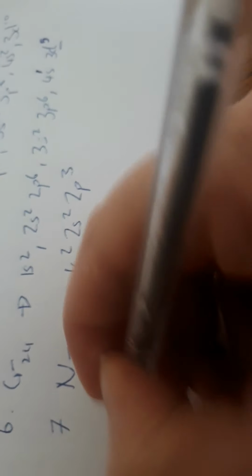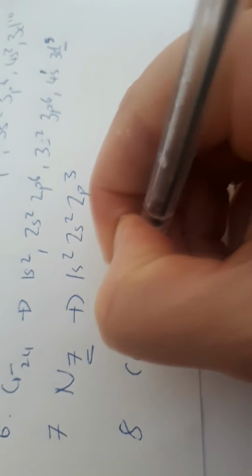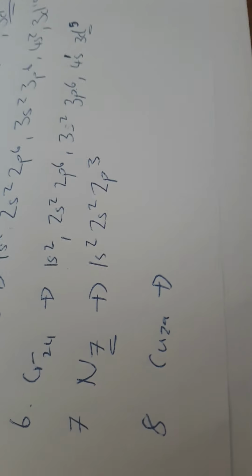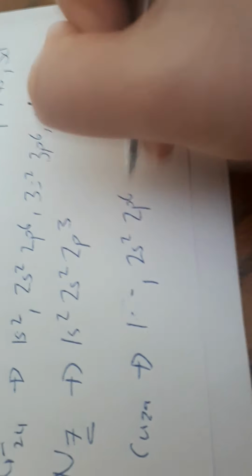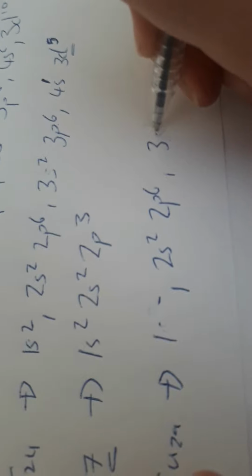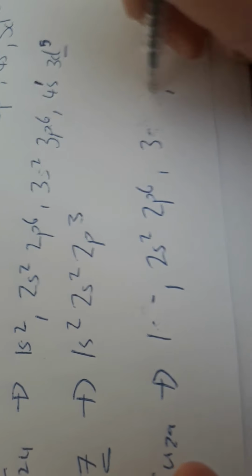Next then, we're asked for copper, and copper has 29. And again here, Aisling, Amy and Caoimhe, I think ye all did something similar to chromium. So, sorry, 1s2, 2s2, 2p6, 3s2, 3p6.